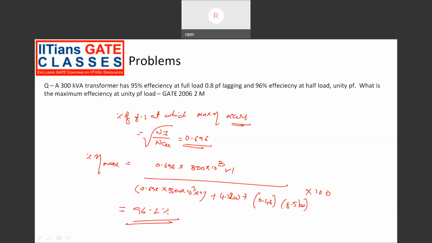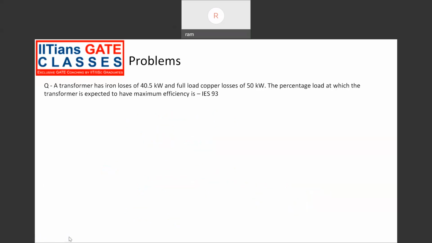Okay, let's go to the next question. A transformer has an iron loss of 40.5 kilowatt and full load copper loss of 50 kilowatt. They're asking us to find the percentage load at which the transformer is expected to have maximum efficiency.